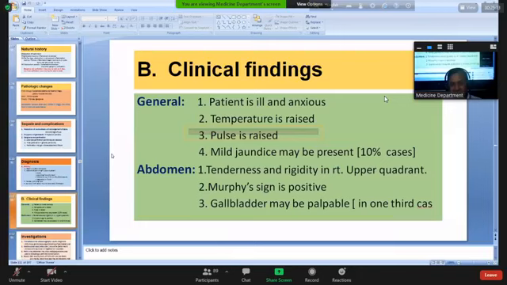At that time, the patient stops at the height of inspiration to prevent further pain. This is called Murphy's sign. So Murphy's sign will be positive in case of acute cholecystitis.